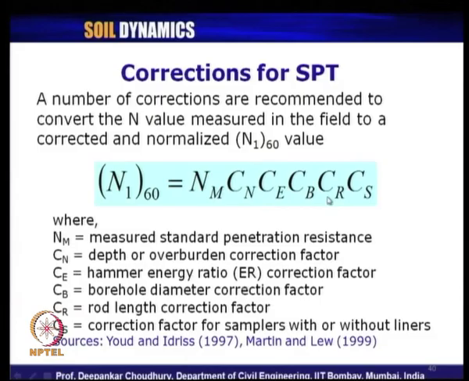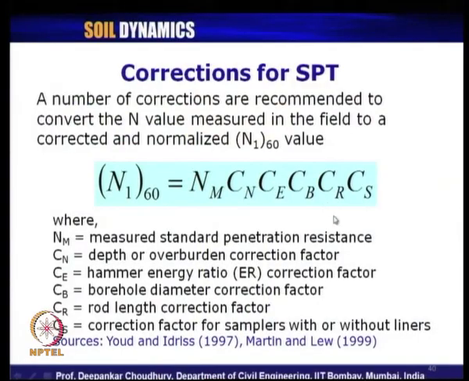Why is CR required? The rod length correction factor. There is a standardized length of rod given to you, for which you do not need any correction. Suppose that rod is not used, and you have used a larger or smaller rod. Depending on that, the number of blows required to penetrate the last 30 centimeters will obviously change.